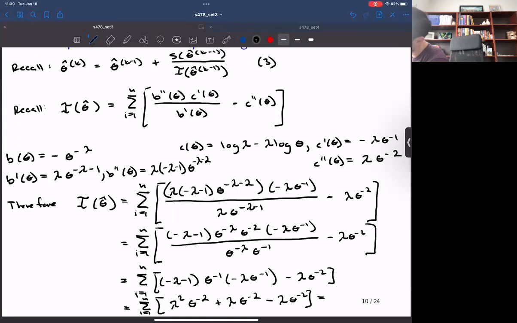So that's going to give us the sum from i equals 1 to n of lambda squared divided by theta squared. Or no, sorry, I'll just keep it in as required. Nice.